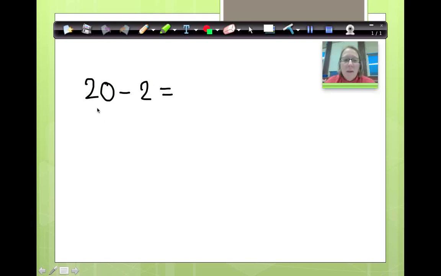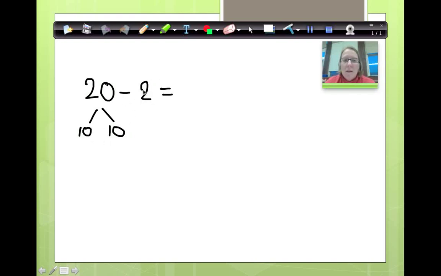If we break it apart and we take out a 10, how many 10s are left if this is my number bond? 10 plus what gives me 20? Another 10. Now this is when we can do the subtraction.